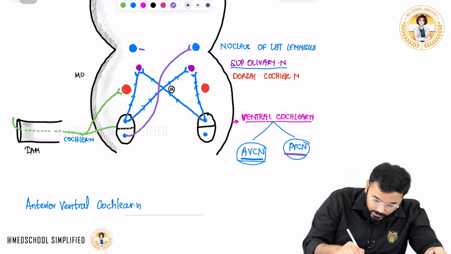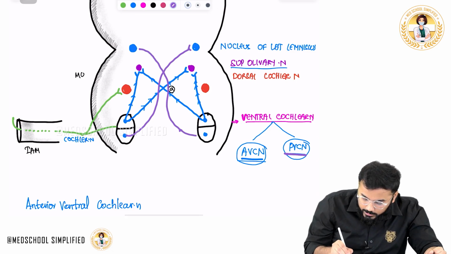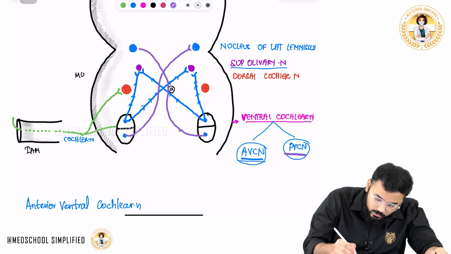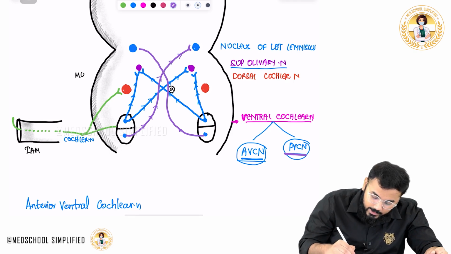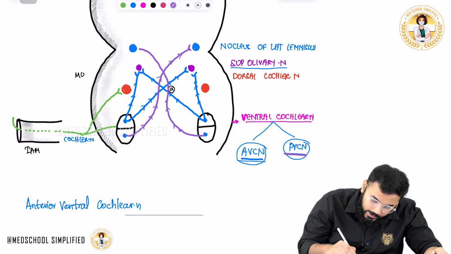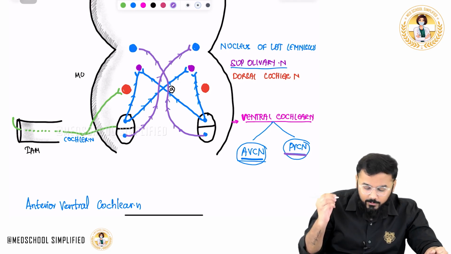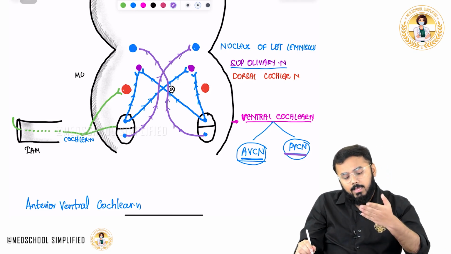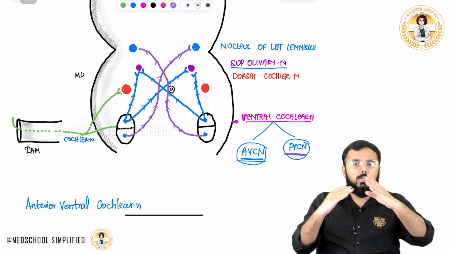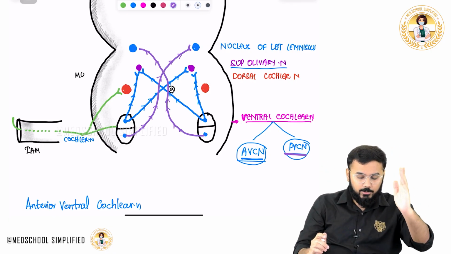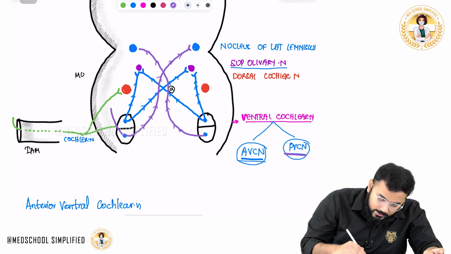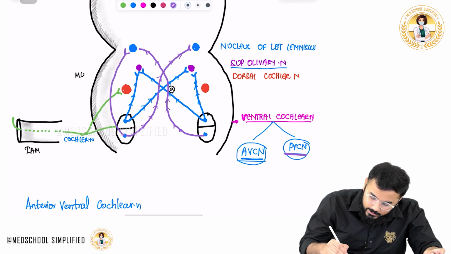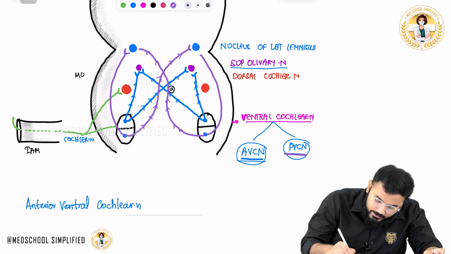This is the way they run up contralaterally and activate your nucleus of lateral lemniscus. Same like the previous fibers, there are contralateral projections and ipsilateral projections. So here also, these fibers take a back turn and supply ipsilaterally here.